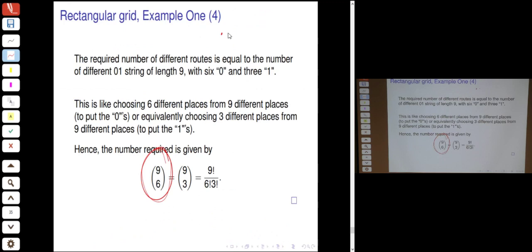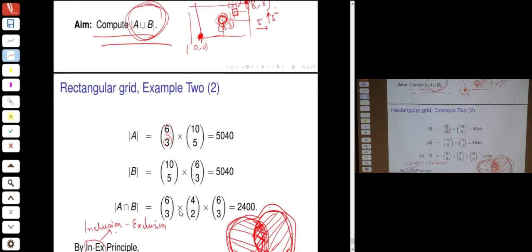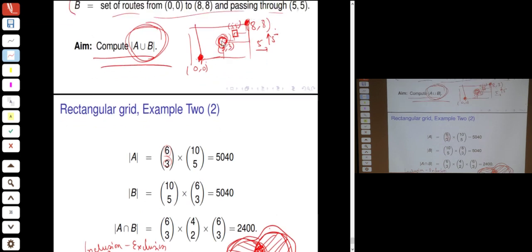From (3,3) to (8,8), the difference is 5 horizontal steps and 5 vertical steps. So for these paths from (3,3) to (8,8), there are a total of 10 steps, out of which 5 have to be horizontal. So it's 10 choose 5. Okay? So it's 6 choose 3 for going from (0,0) to (3,3), and 10 choose 5 for (3,3) to (8,8).